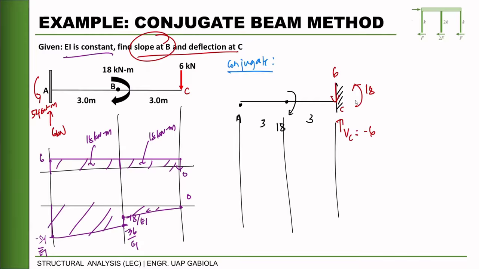For shear, we have no shear at the first 2 points, but here, so this is not negative, it should be 6.